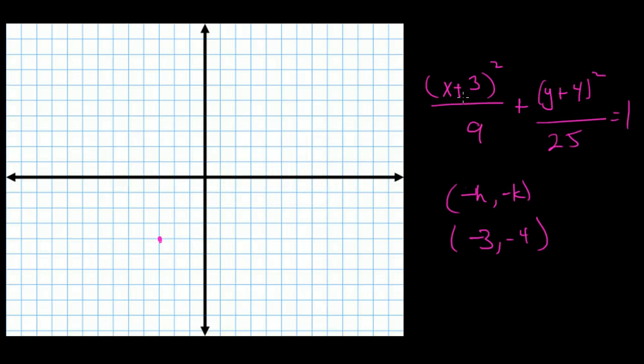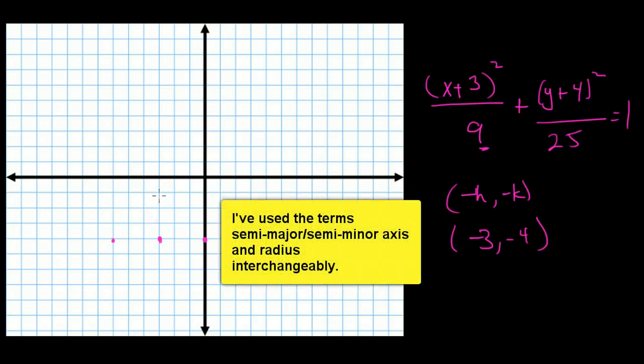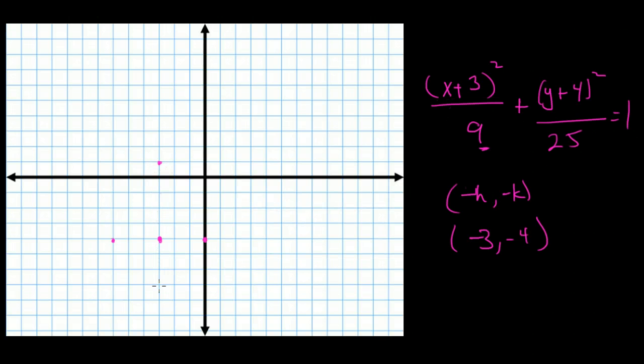Now, our x radius squared is 9, so I have to go over 3 and over 1, 2, 3. Our y radius is 5, the square root of 25, so I'll go up 1, 2, 3, 4, 5 there, and down 1, 2, 3, 4, 5 there.